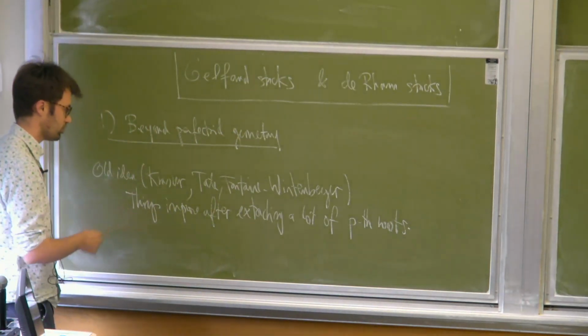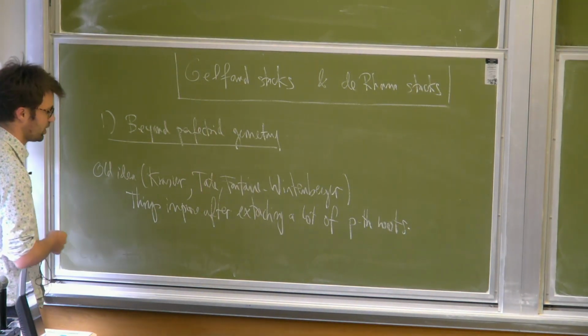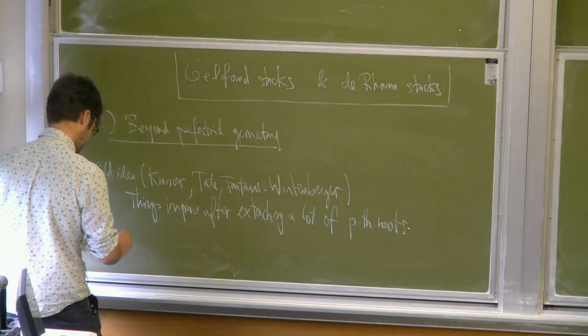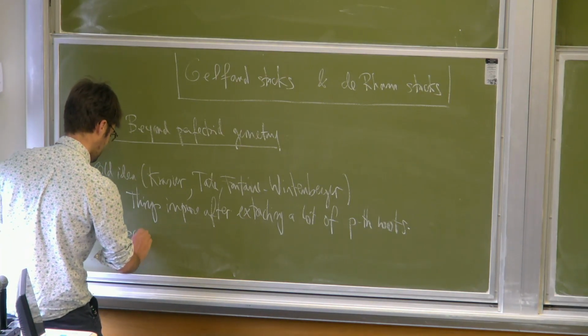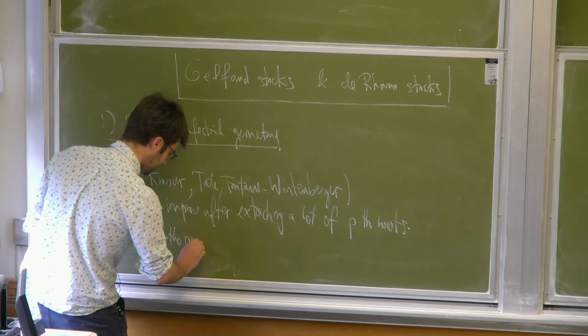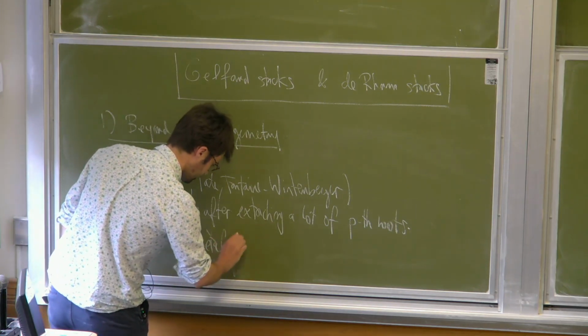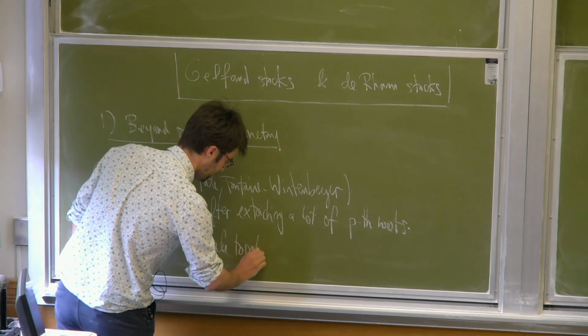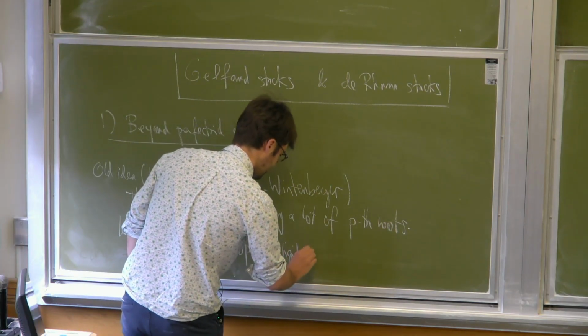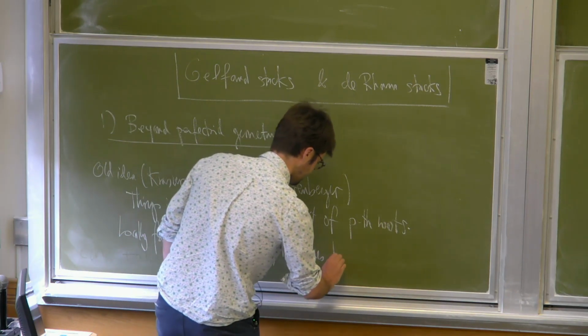And to use more technical but more precise terminology, the key statement here is that locally for the pro-étale topology, rigid spaces become perfectoid.